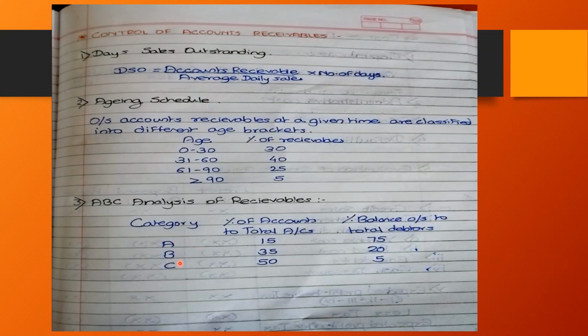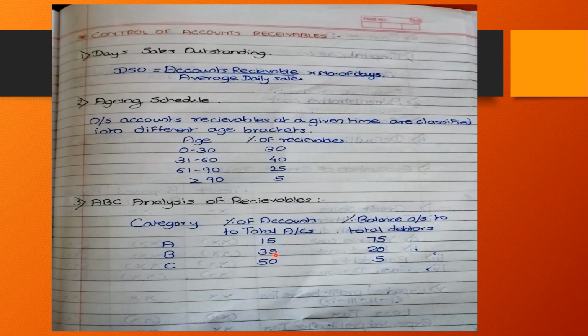Same is ABC analysis in case of debtors or receivables management. Here we categorize the debtors according to their holding capacity, or you can say outstanding amount. For example, category A has 15% of debtors, number of debtors is just 15%, but they hold 75% of the outstanding amount.